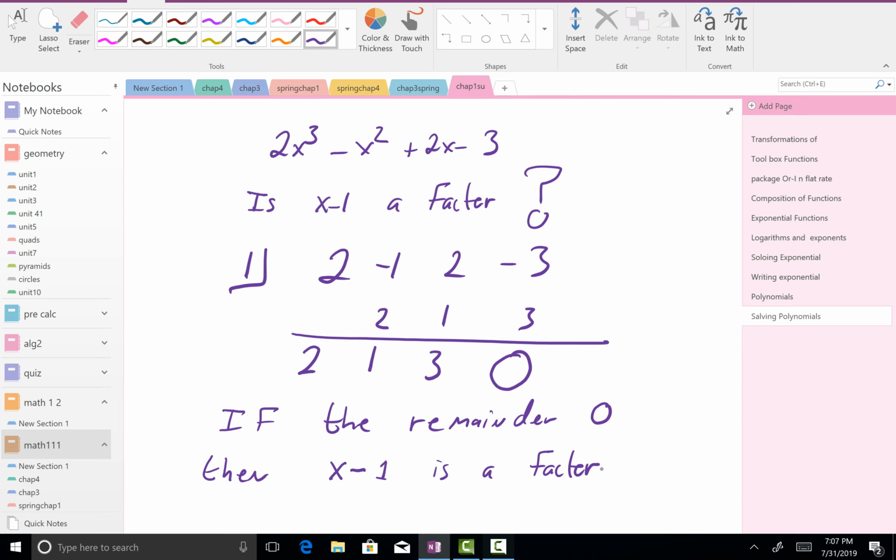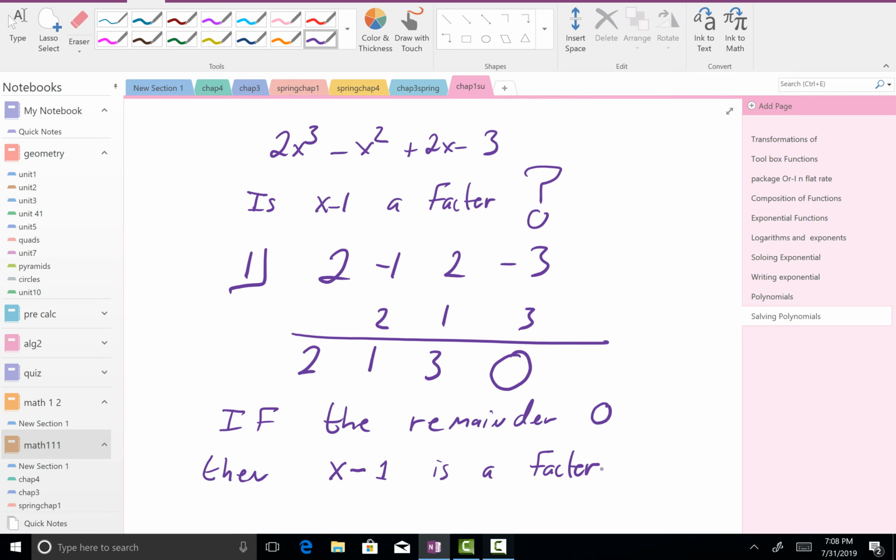So you don't have to use synthetic division, you can graph it. Wait, can you say that again? Sure. If you graph this, we just figured out that 1 is an x-intercept, right? Yeah. So if 1 is an x-intercept, then x minus 1 must be a factor. Oh, okay, it must be.